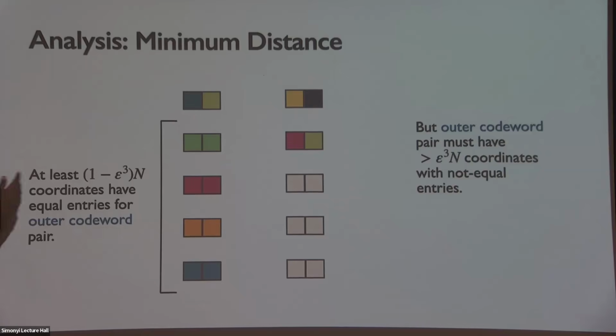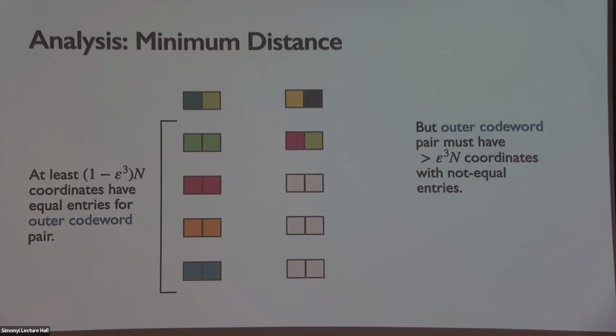That's one step. Just to say, a lot of times people refer to this as distance amplification. You start with some distance, and then it gets amplified by this expander.